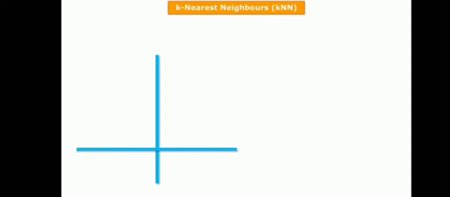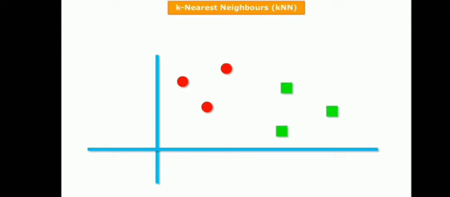Take a simple case of two-attribute dataset to understand this algorithm. There is a spread of red circles RC and green squares GS, which are two output classes on these two attributes. You need to identify the class of the blue star BS. BS can either be RC or GS or not belong to either of these. The K in KNN algorithm is the nearest neighbor whose vote is to be considered.